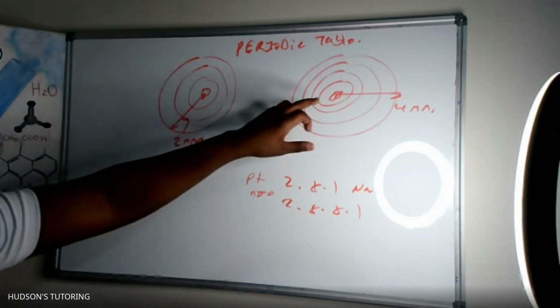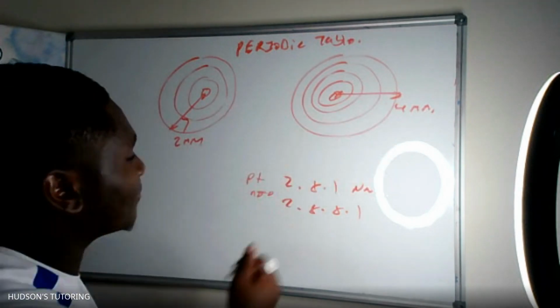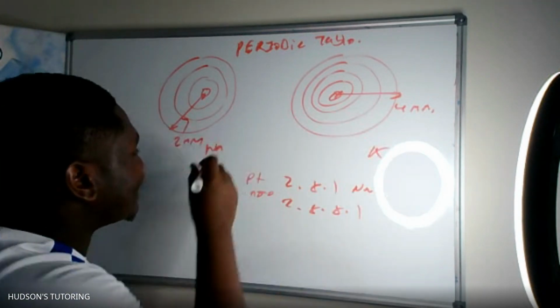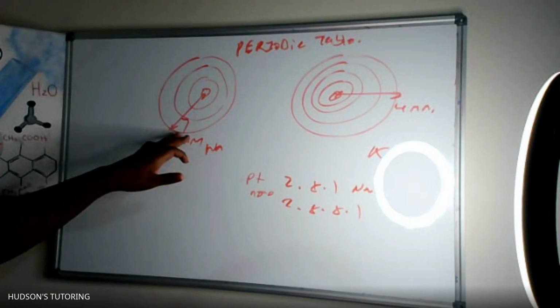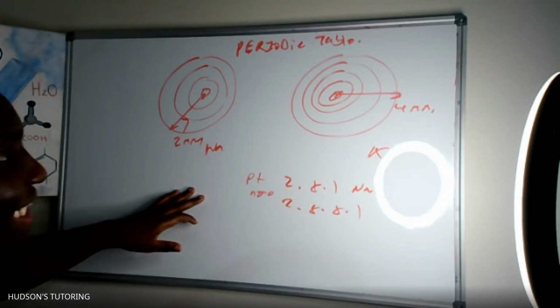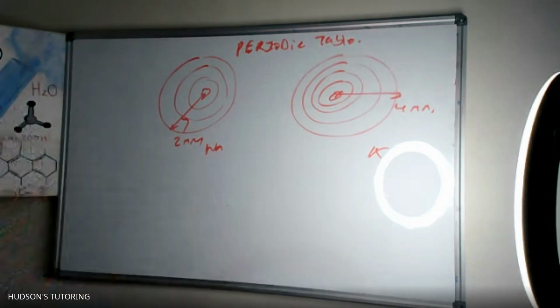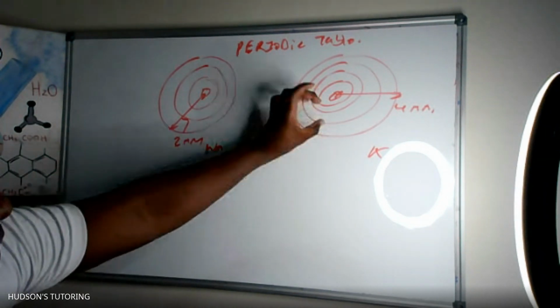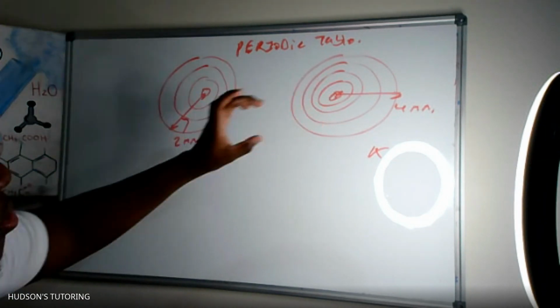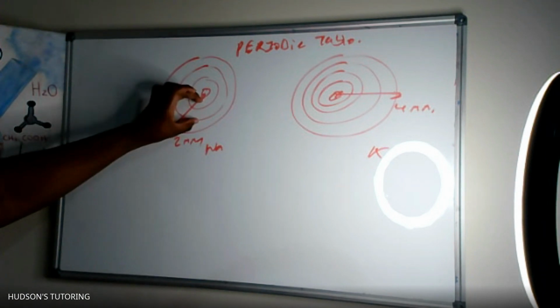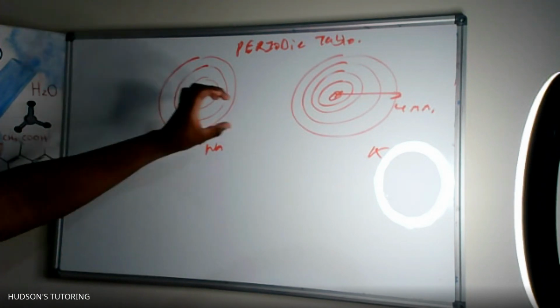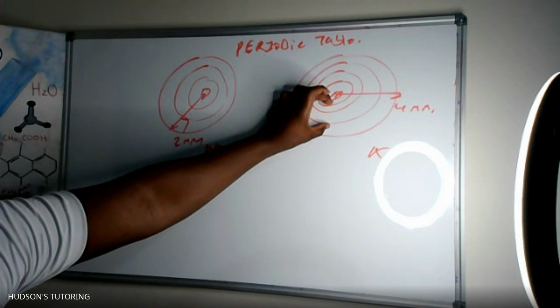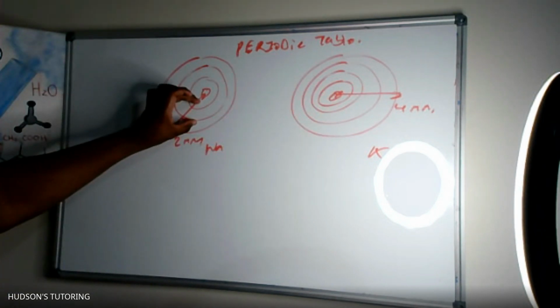The distance from the nucleus to the outer shell in potassium is greater than the distance from the nucleus to the outer shell in sodium. Makes perfect sense. But what else do you realize taking place? In potassium, the number of inner electron shells is more than in sodium. Notice this is 3 inner electron shells and this is 2 inner electron shells.